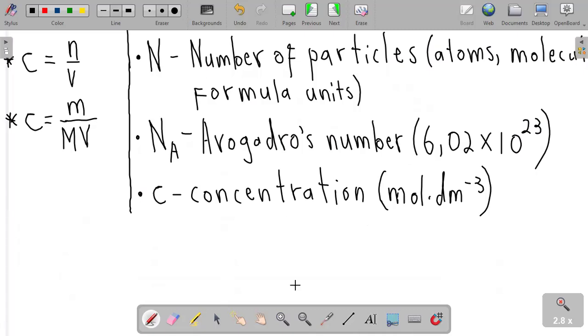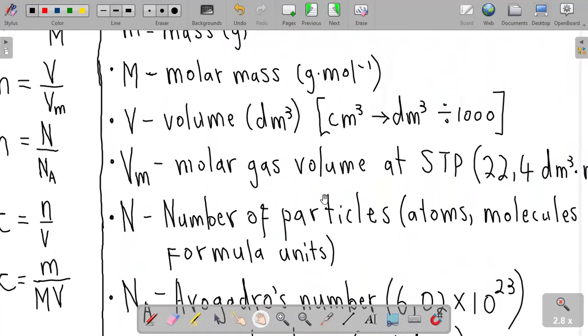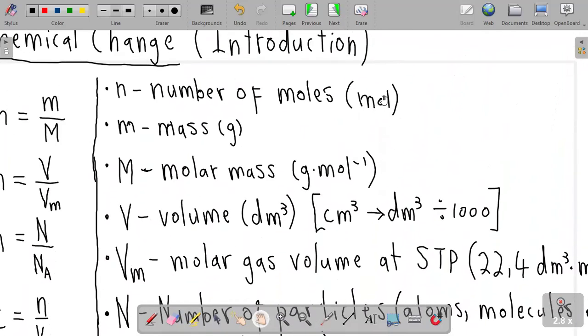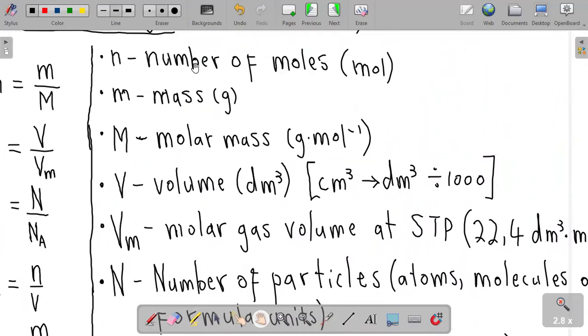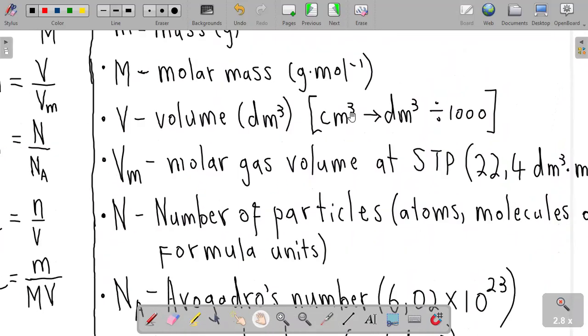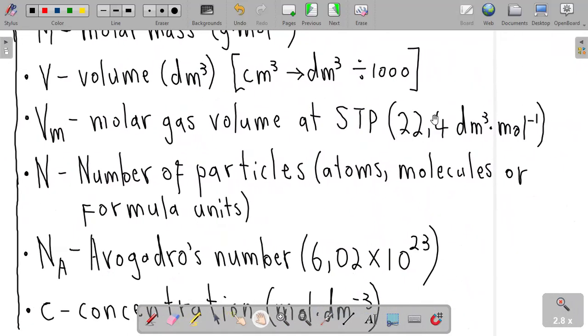And so, guys, you see, some of these things don't have units, isn't it? If I don't give you the unit of measurement here, it means that physical quantity does not have a unit of measurement, okay? The volume has, the molar mass has, the mass has, the number of moles we use mol. Molar gas volume, again, is just a constant.